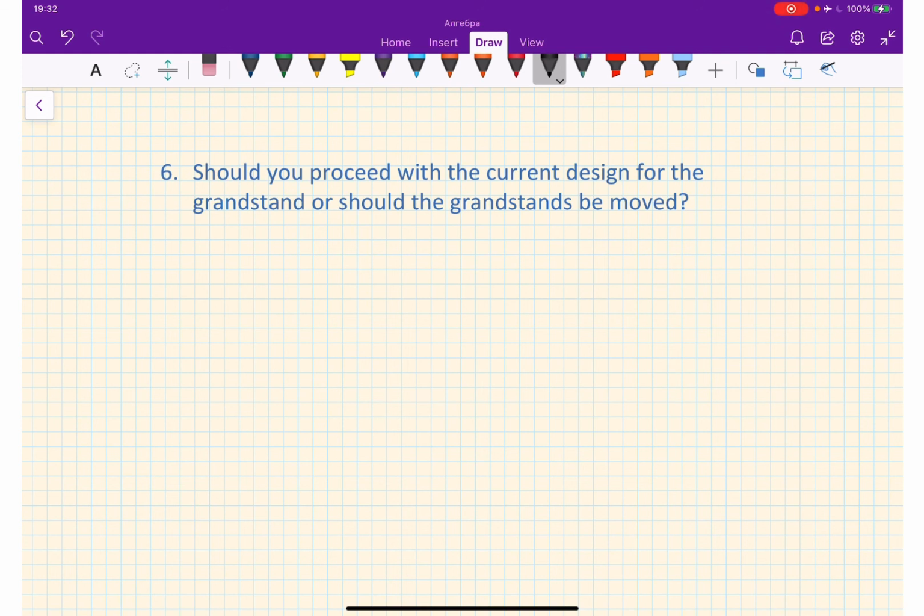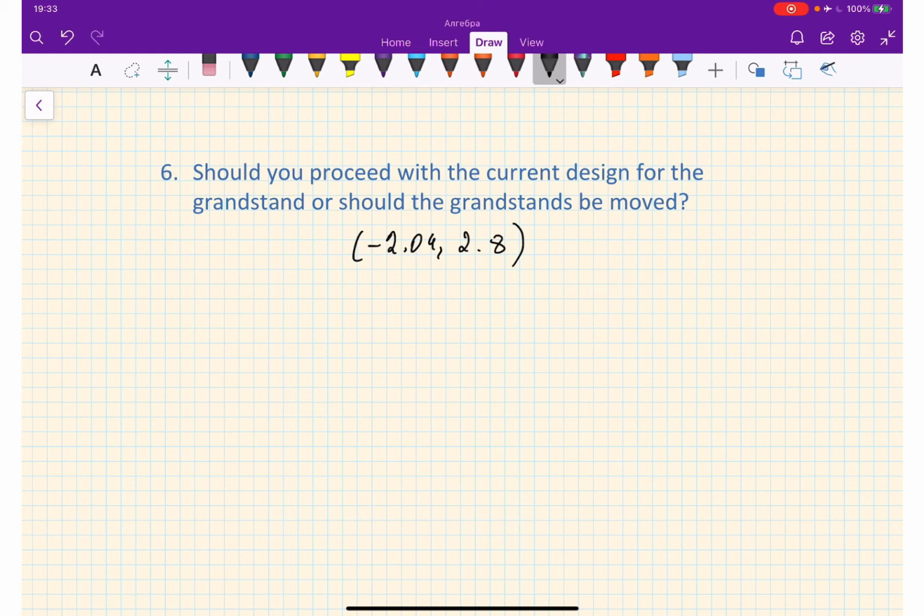They should move the current design for the grandstand, because the spectators would get hurt if the driver loses control at the point of negative 2.04 and 2.8, right? Which is the point that is behind negative 1.9 and 2.8.